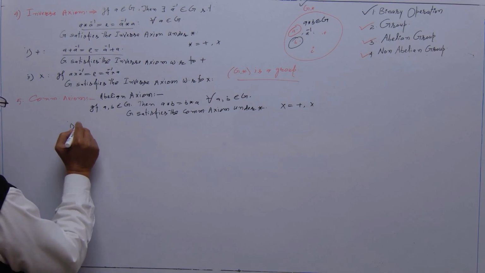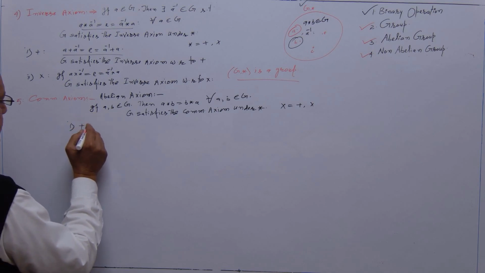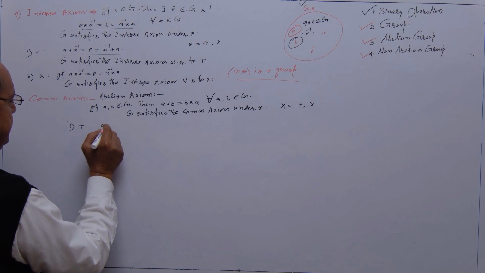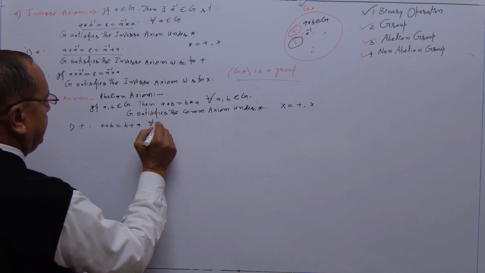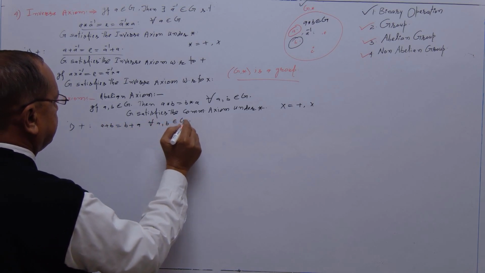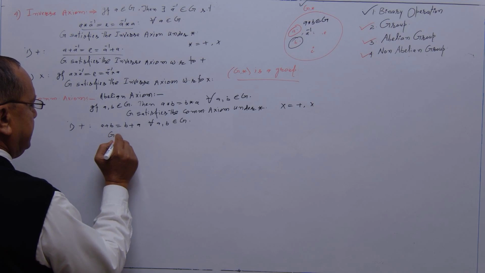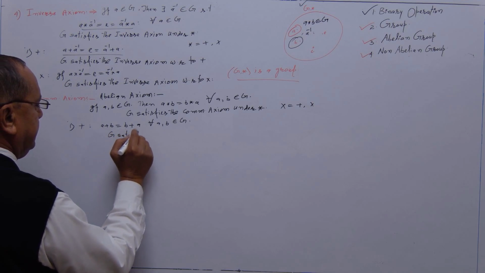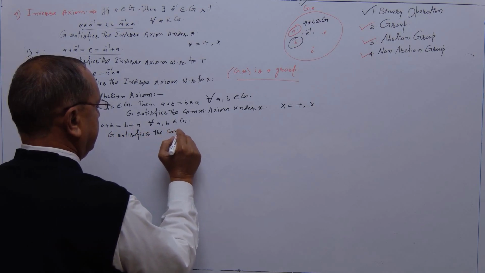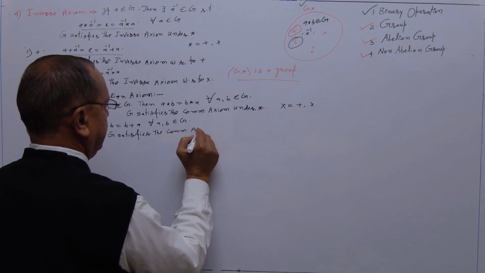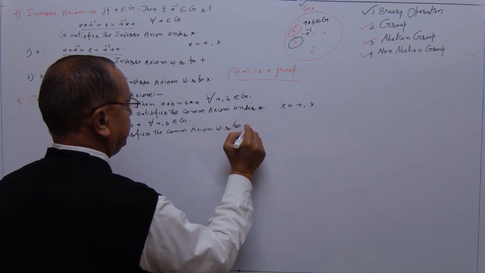In case of addition, A plus B must be equal to B plus A for every A, B belong to G. It means G satisfies the commutative axiom with respect to addition.